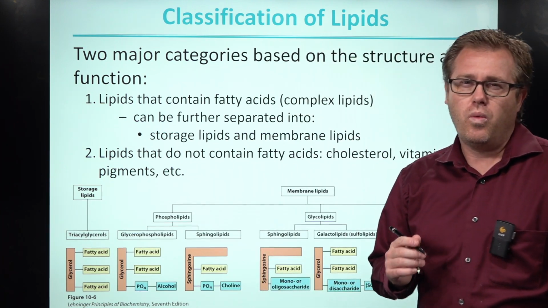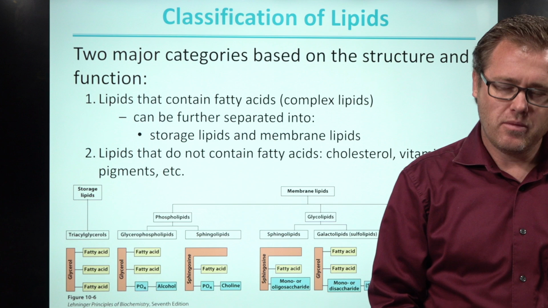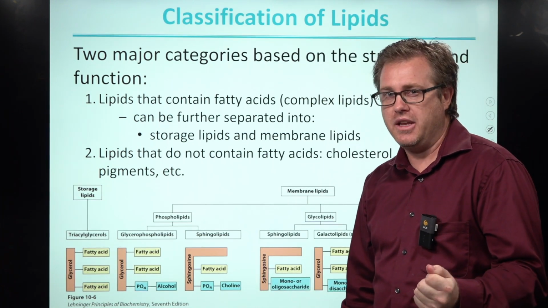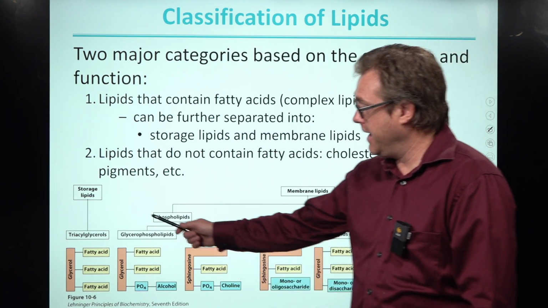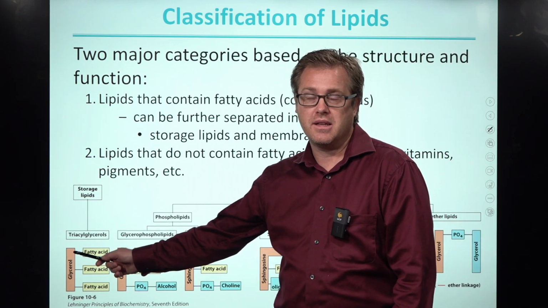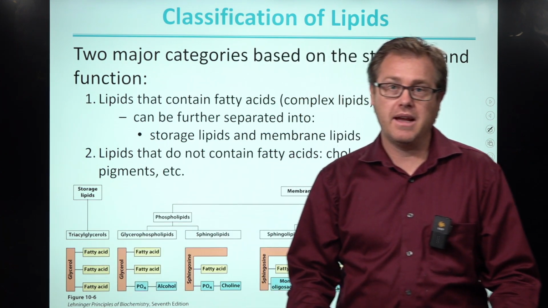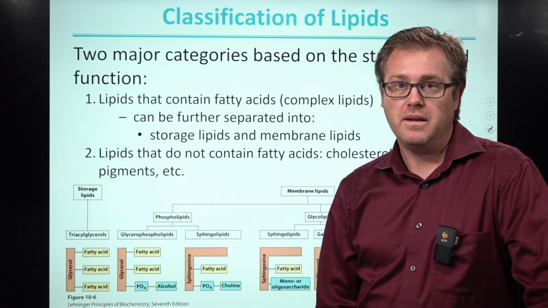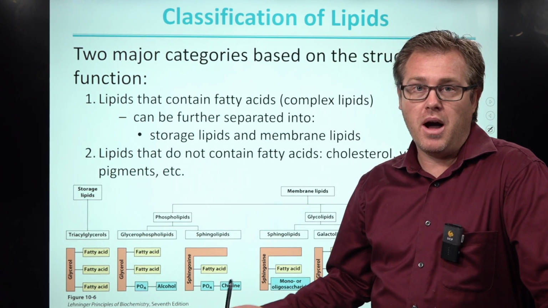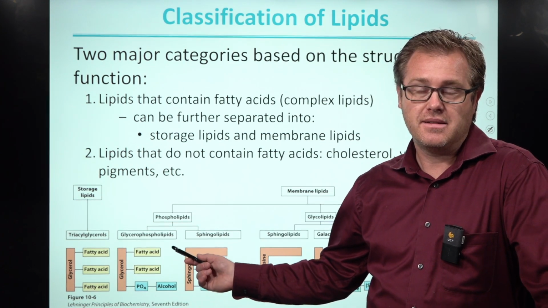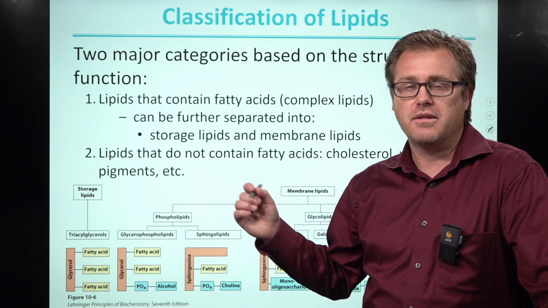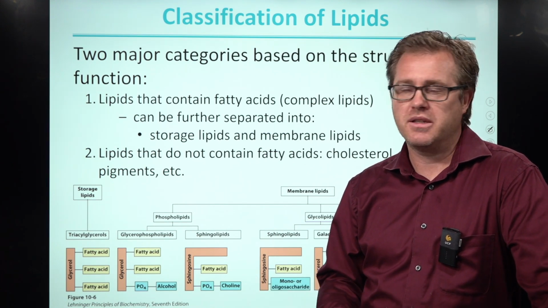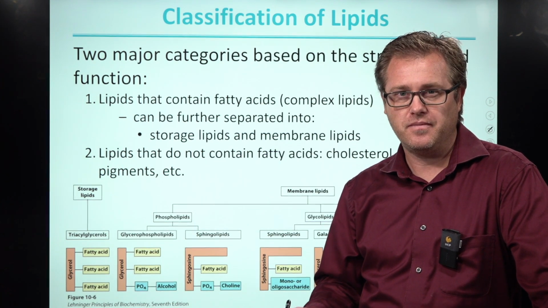Now, why? Well, first off, I'm just going to state a fact. There is an advantage for storing these in our cells and in our bodies because lipids can be used as a fuel source. Why does the body want to store fats? There's an advantage to storing fats in comparison to storing carbohydrates.